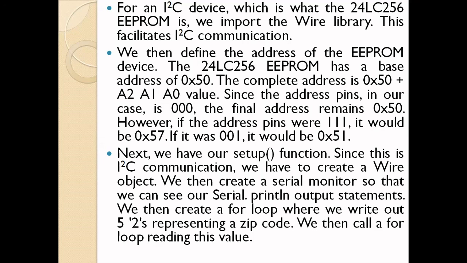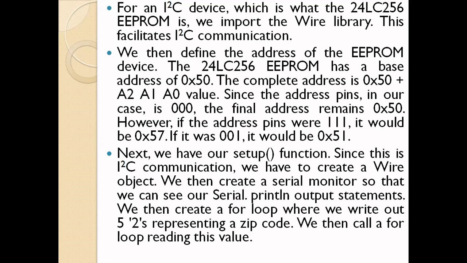Suppose you are connecting 8 ICs. Each IC, assume it is 200 kilobytes. So 8 into 200 means 1600 kilobytes. The first 200 memory locations are allocated to the first EEPROM. Next 200 to 400, 400 to 600, 600 to 800.